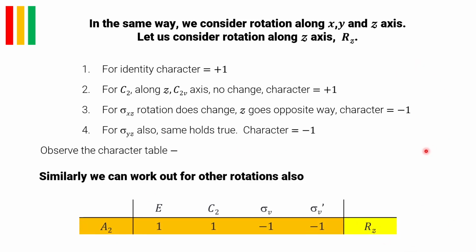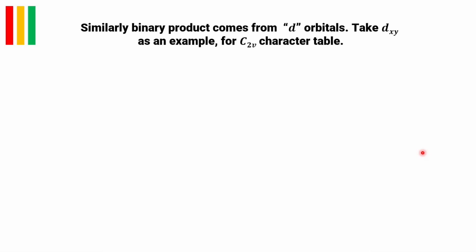That's how you can also assign for various other combinations like Rx and Ry, and then we conclude the fourth column of the character table.